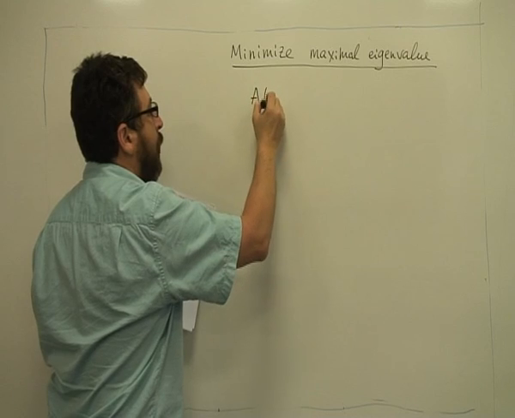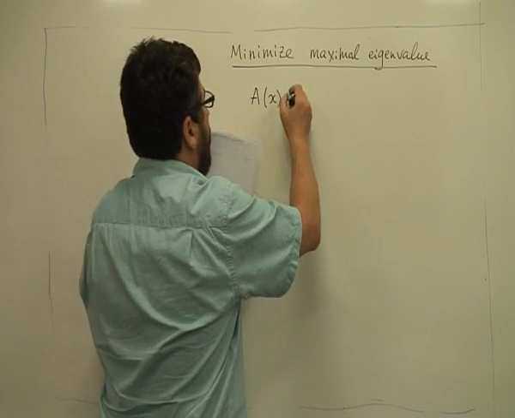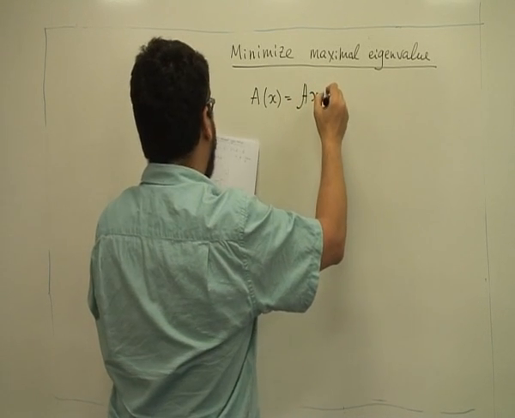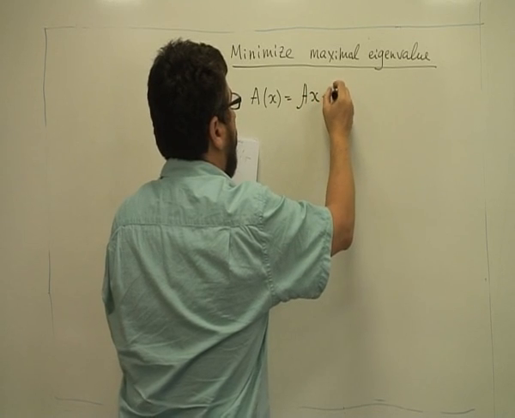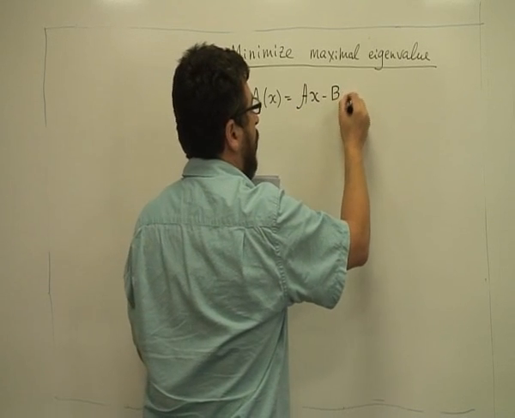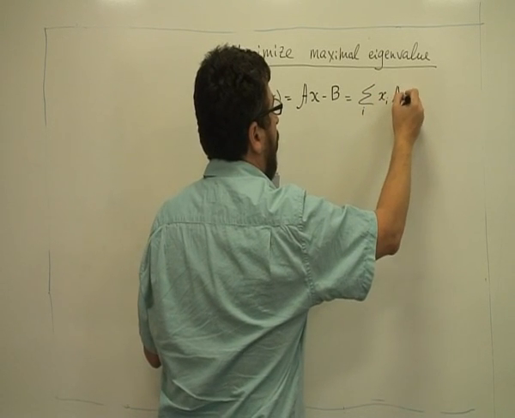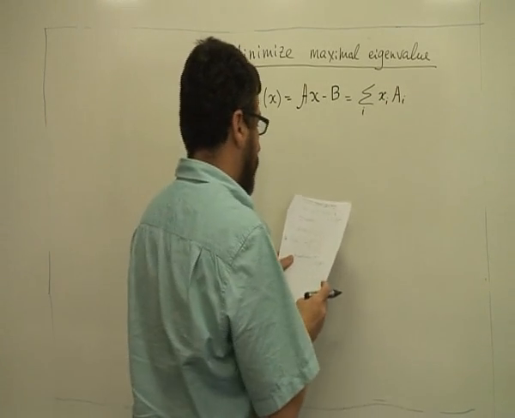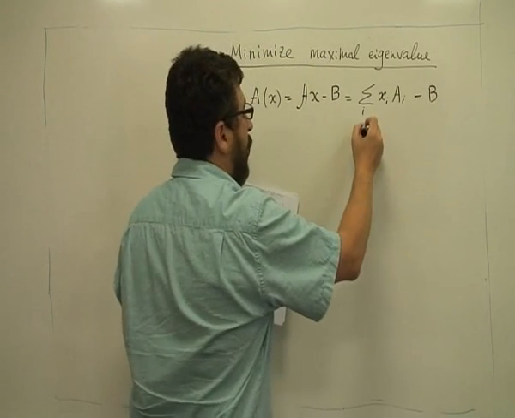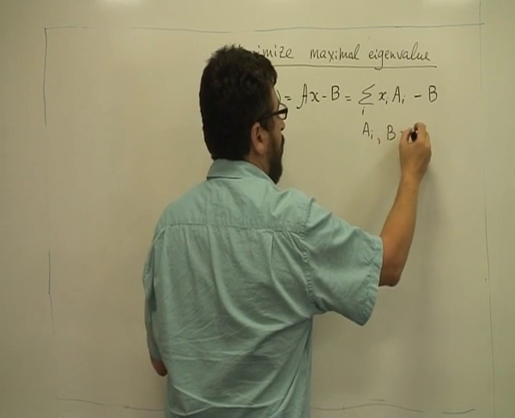Suppose that we have a matrix which depends on a vector x, Euclidean vector, in the way that we are used to in semi-definite programming: A(x) minus B, where I will open this operator A, it is just the sum over i of x_i A_i, minus B, where A_i and B are symmetric matrices.